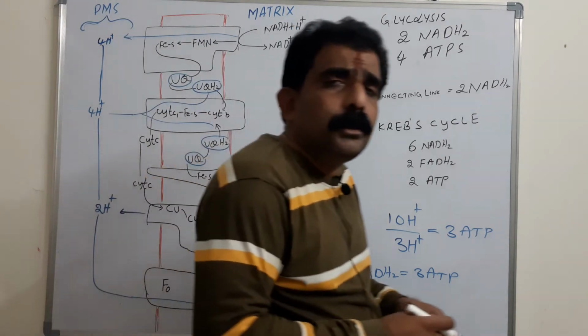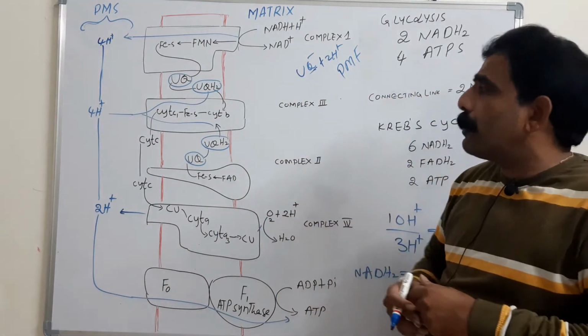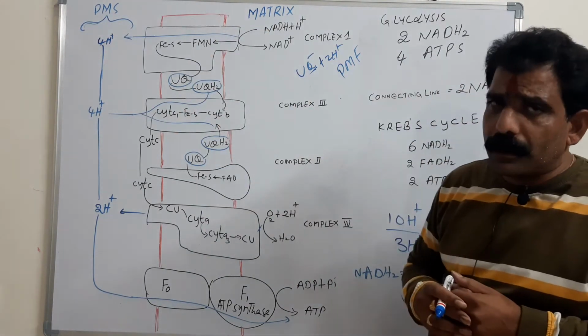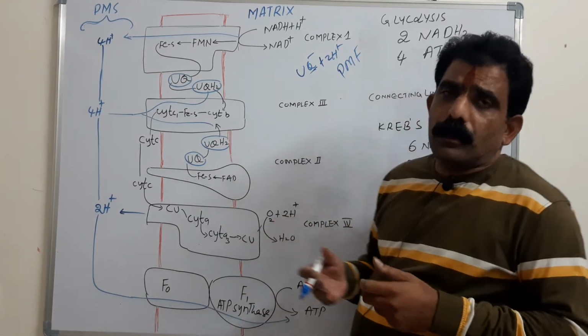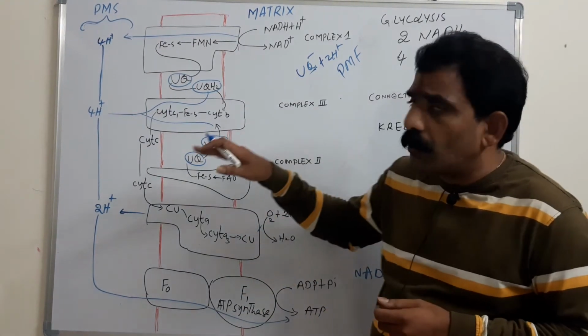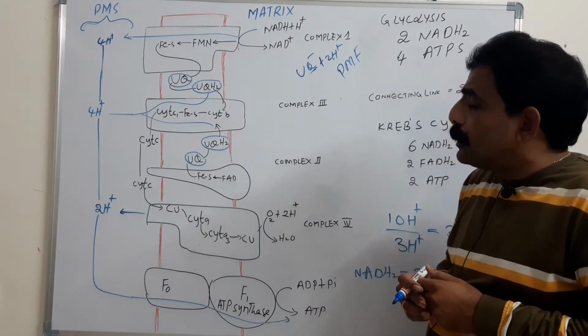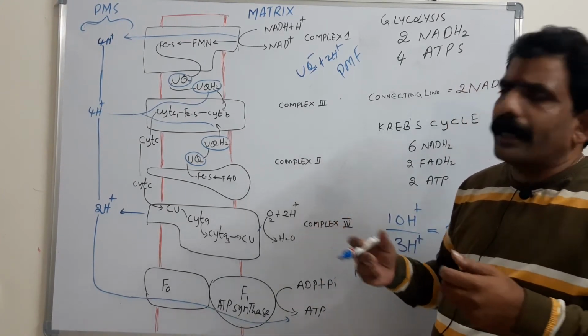Because during the oxidation of 1 NADH2, 10 protons are pumped out from the mitochondrial matrix into the perimitochondrial space, leading to the establishment of a concentration gradient. The protons will flow back from higher concentration to lower concentration. During the flow back of protons, kinetic energy is released.